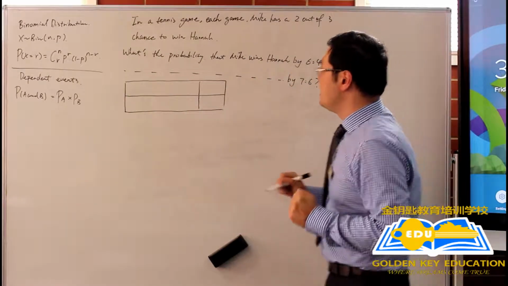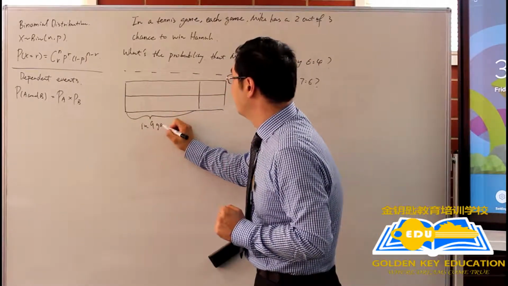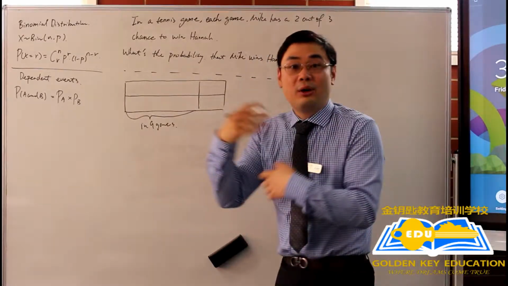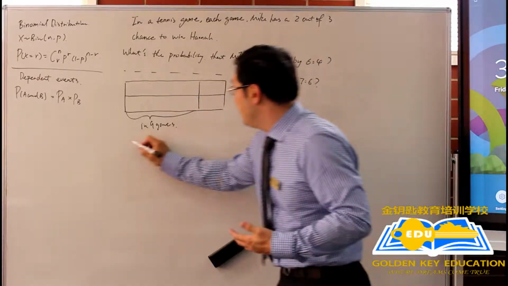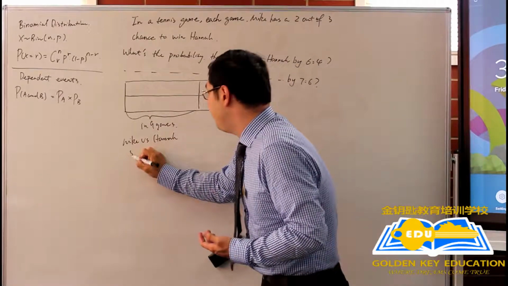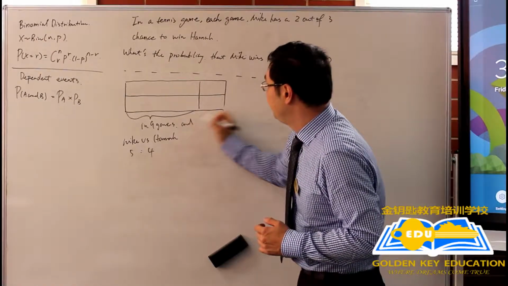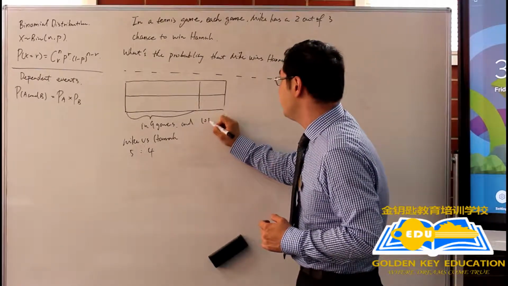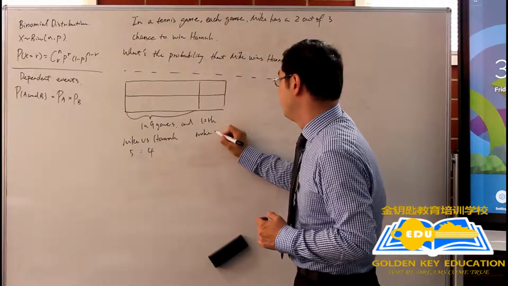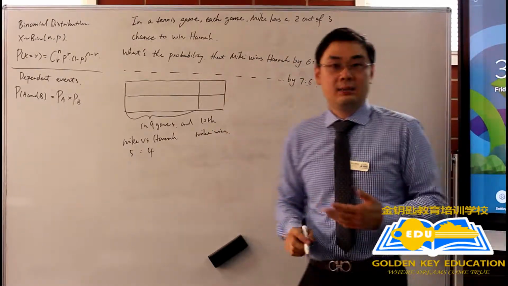So in the first 9 games, you're expecting the score of Mike against Hannah to be 5-4, and then Mike wins the 10th game. This is what happens if you want to find the probability.